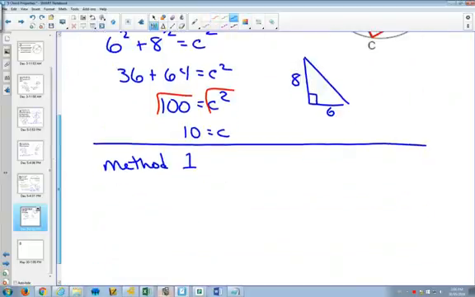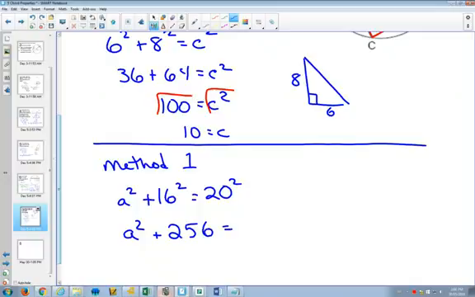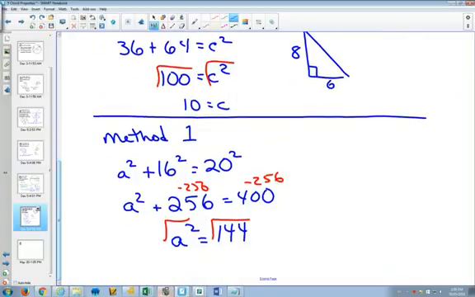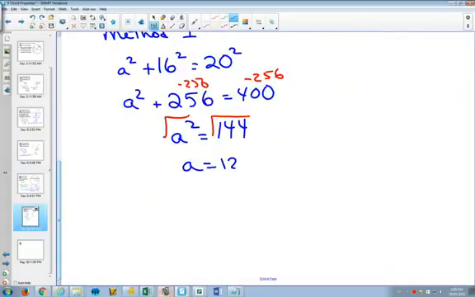So a squared plus 16 squared equals 20 squared. Subtract 256 on both sides. Square root both sides. And you get a is equal to 12.